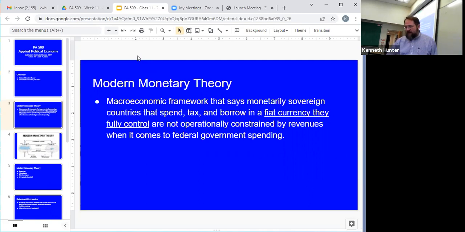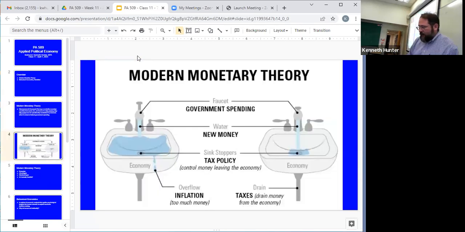There are different ways of looking at this model, but the one I found most effective looks at your typical bathroom sink, particularly the ones I see in the bathrooms here at North Carolina State. You have the faucet, which is government spending.